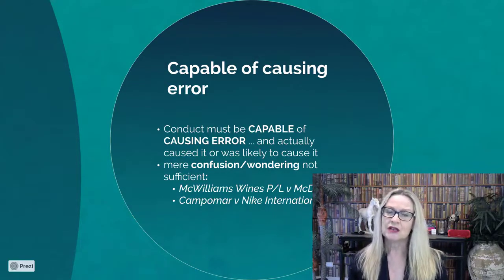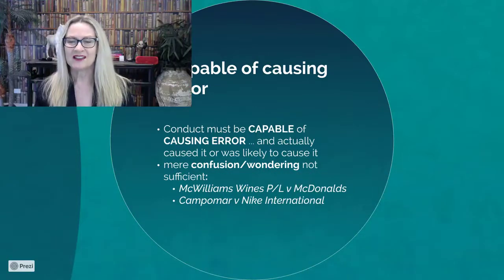So in the McWilliams Wines case, I love this case, near and dear to my heart. I've been involved in litigation with McDonald's, might I say, successfully. So it was another instance of McDonald's going down.